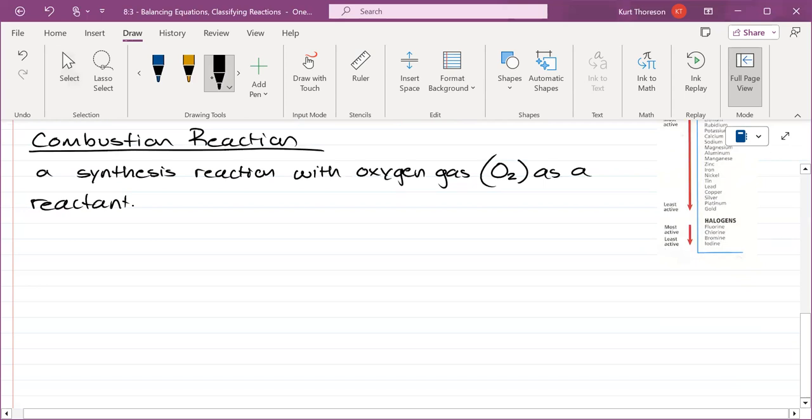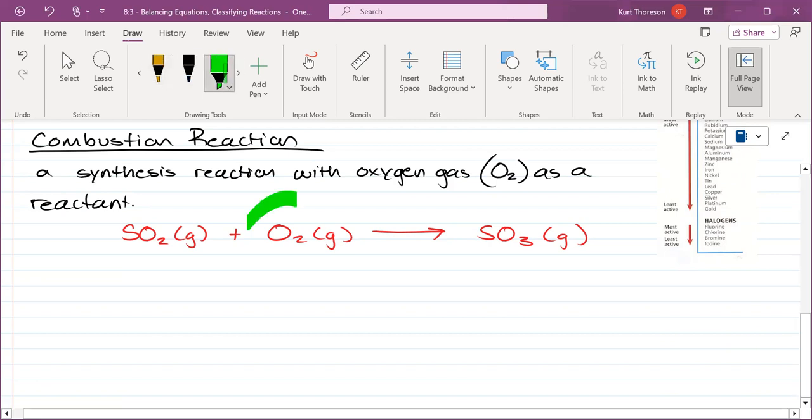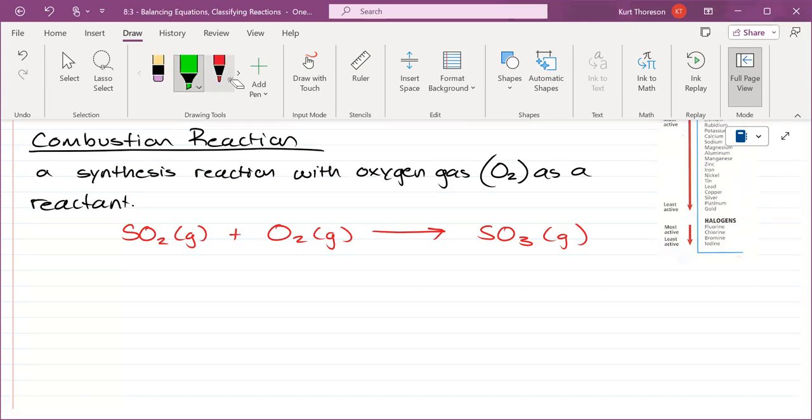So here's one example. Now, if you guys were to call this a synthesis reaction, I wouldn't mark you wrong, but because one of the reactants is oxygen, you need to also indicate that it is a combustion reaction.